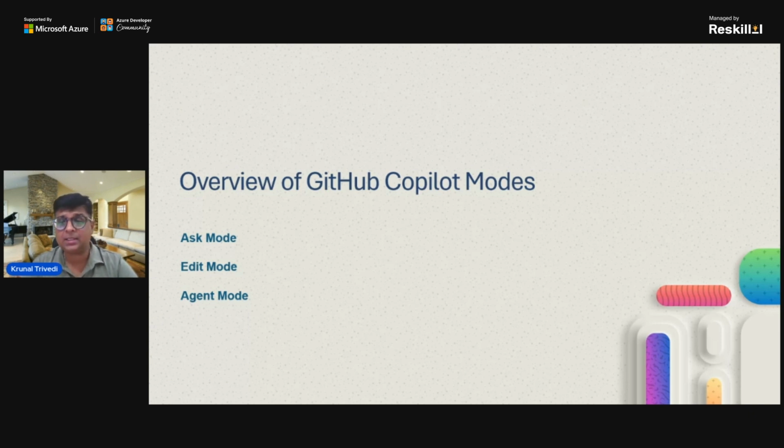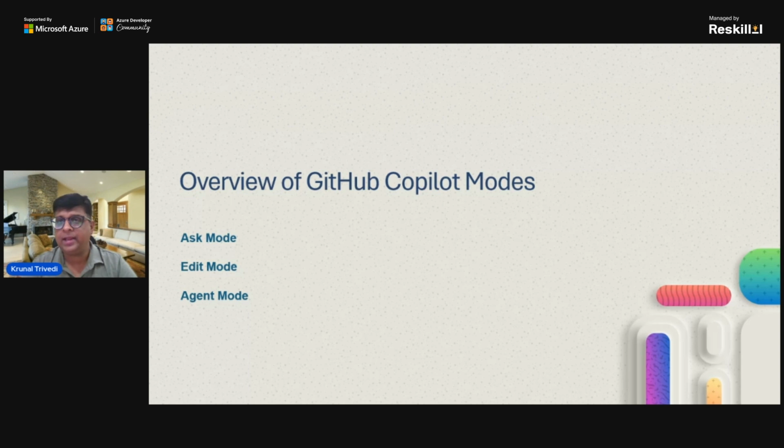So, what is ask mode? With the help of ask mode, we can interact with Copilot to get code suggestions or examples. When we are writing code in any of our favorite editors, we can open the GitHub Copilot chat panel and shoot out a question.